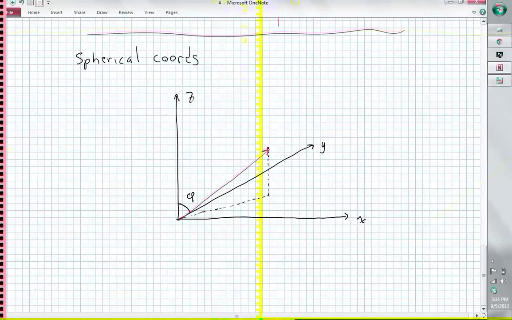The angle between the projection of that red vector into the xy plane and the x-axis we will call theta. And the length of that red vector we will call rho, the Greek letter rho.